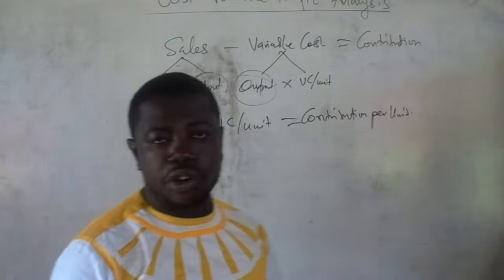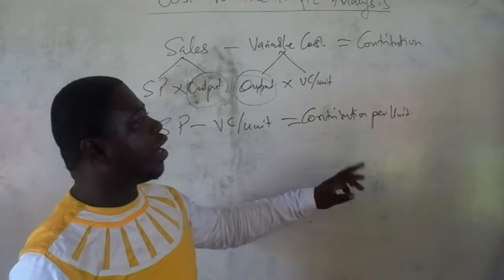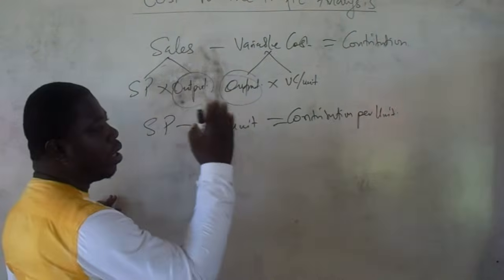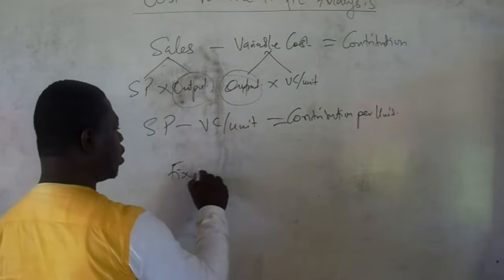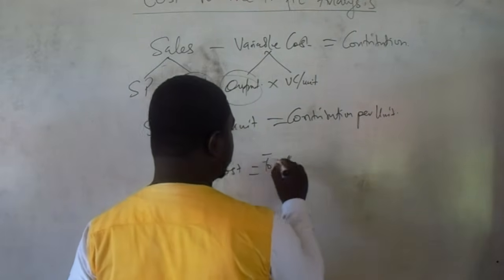And that's going to give you the contribution per unit. Now remember that just not too long ago, we were trying to equate fixed cost to contribution. Look at the equation of fixed cost to total contribution.